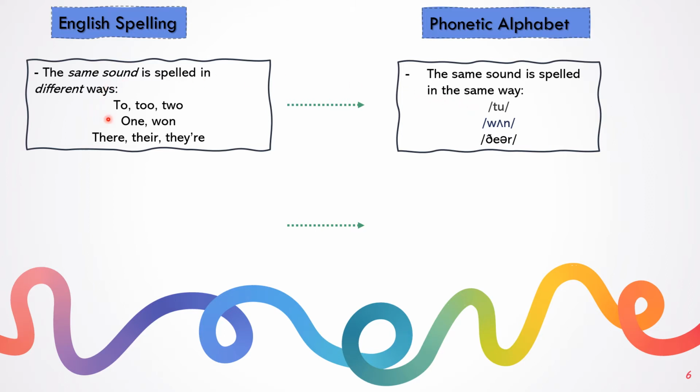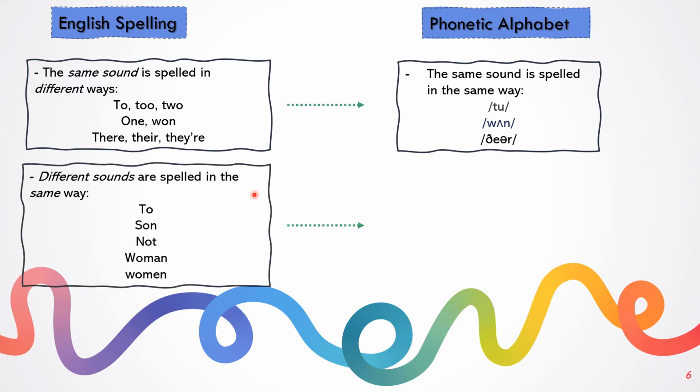Now, here we have one, one. Two different words, but they have the same pronunciation. And the last ones, we have there, there, there. Look at this. They have the same pronunciation. Those symbols that you see right here, that refers to the phonetic alphabet.